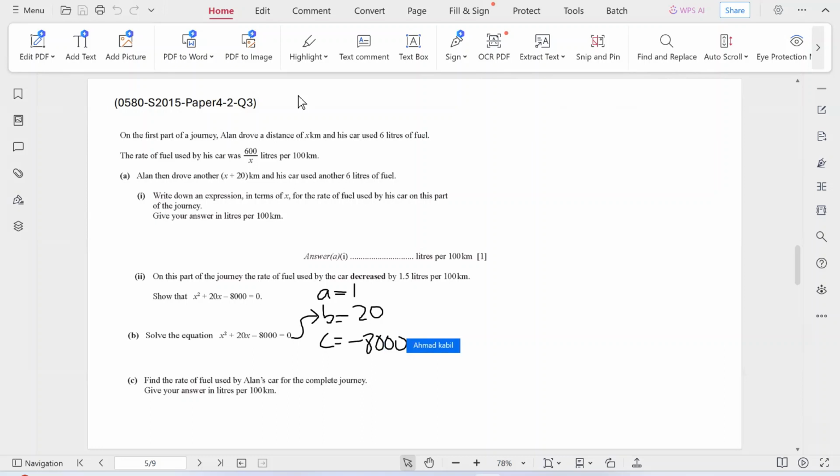And the quadratic formula is minus b, so minus 20, plus or minus the root of b squared, so 20 squared, minus 4ac. This is 1 and negative 8,000. And we divide all of this by 2a.